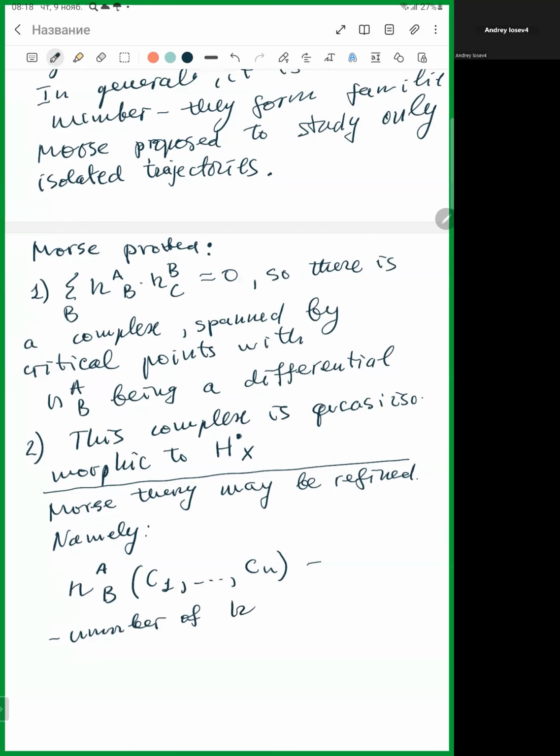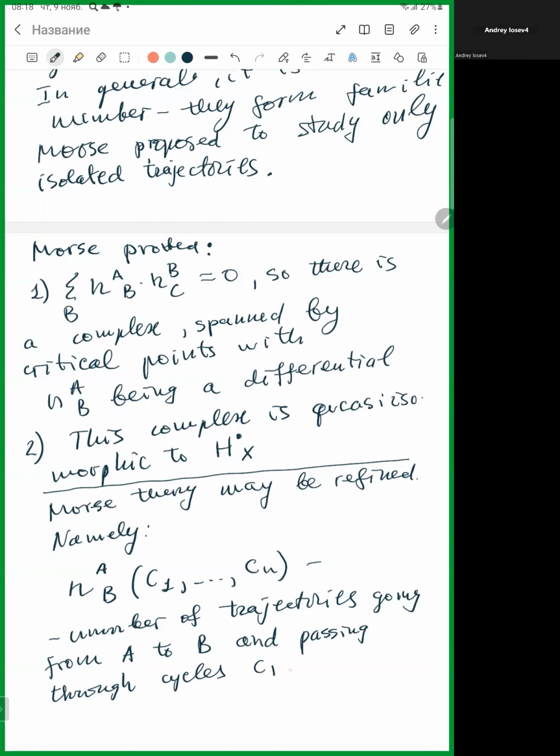Number of trajectories going from A to B and passing through cycles C1, Cn.